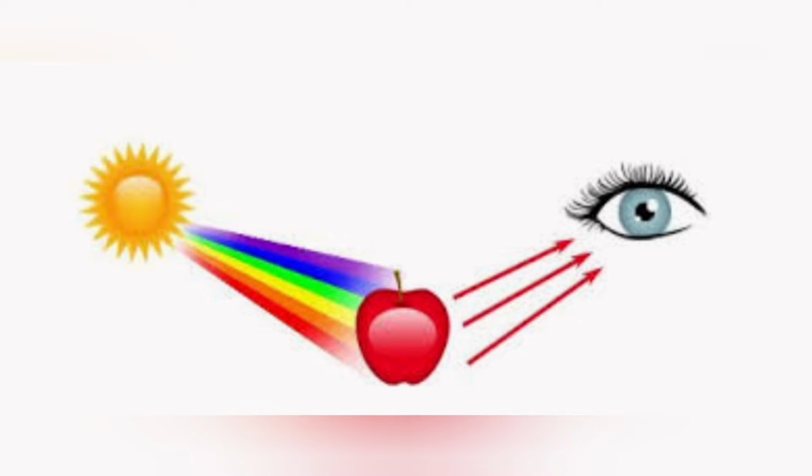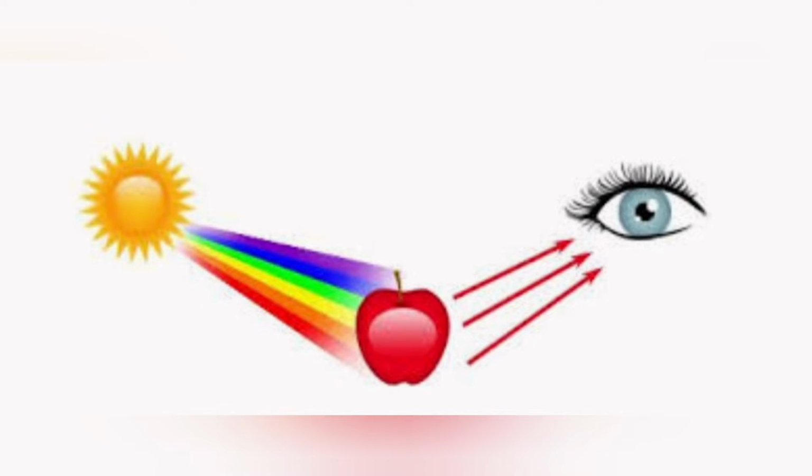For the wavelength, it is going to reflect only the red color, and only the red color comes and falls into our eyes. All the other colors are absorbed by the apple surface, so we see the apple in red color.